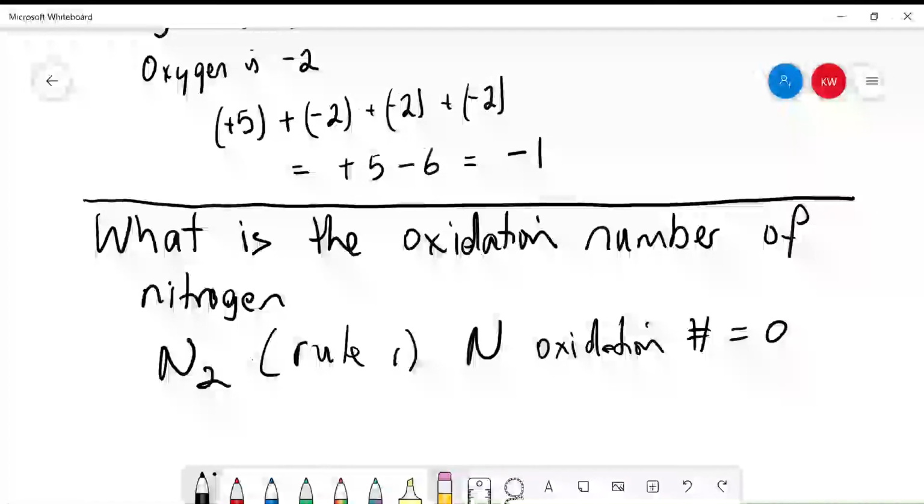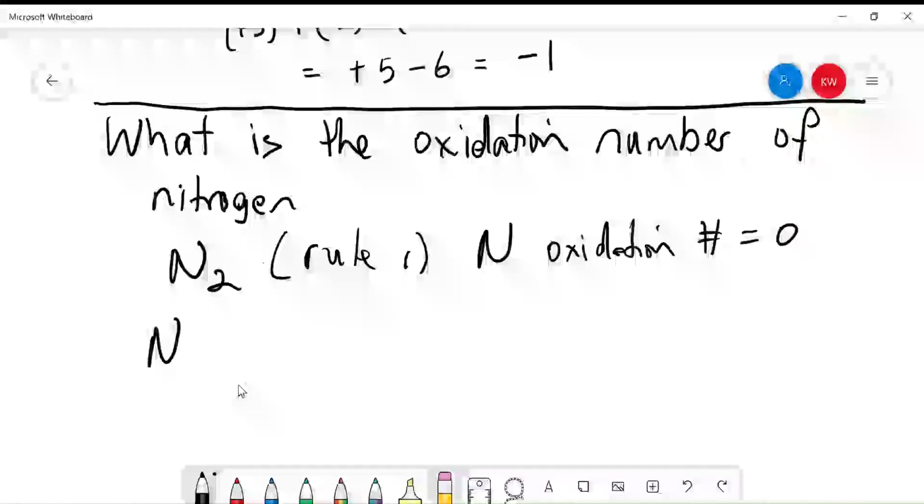Okay, let's look at another example. Sodium sulfide. And we want to know the oxidation number of the sulfur. Okay, so we realize this is not an element, it's a compound. And we are seeing sodium, and we can tell sodium is from group 1. So if we look at our rules, we would know that if an element is from group 1, we could look at rule number 3.